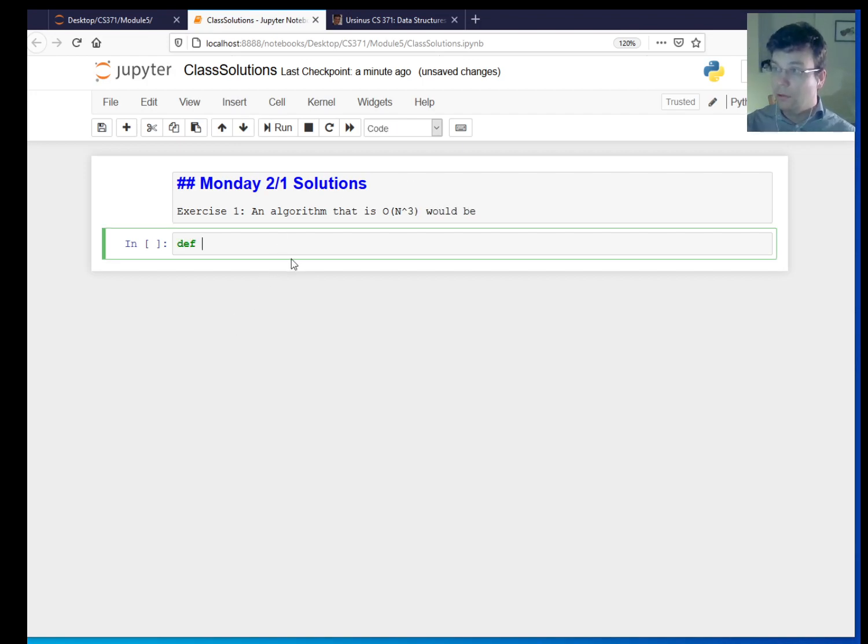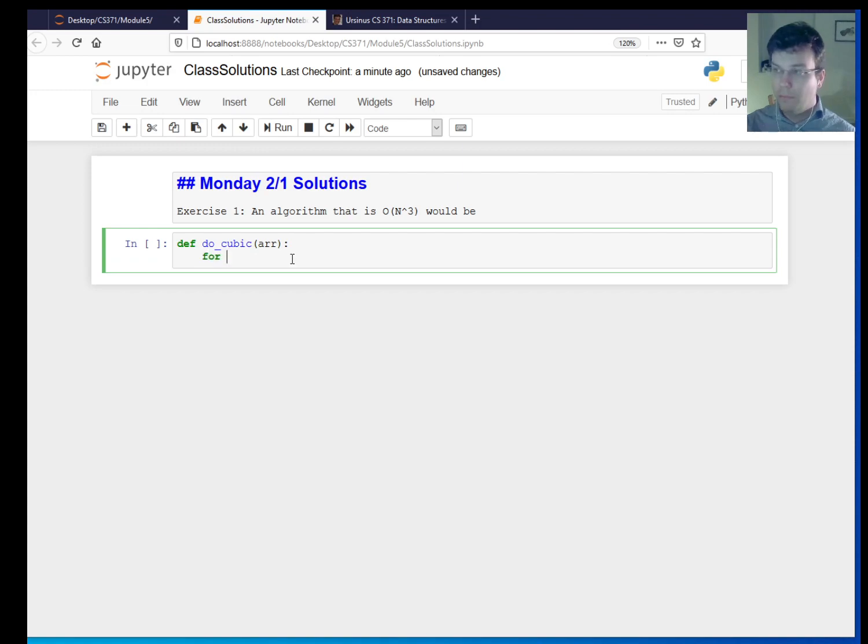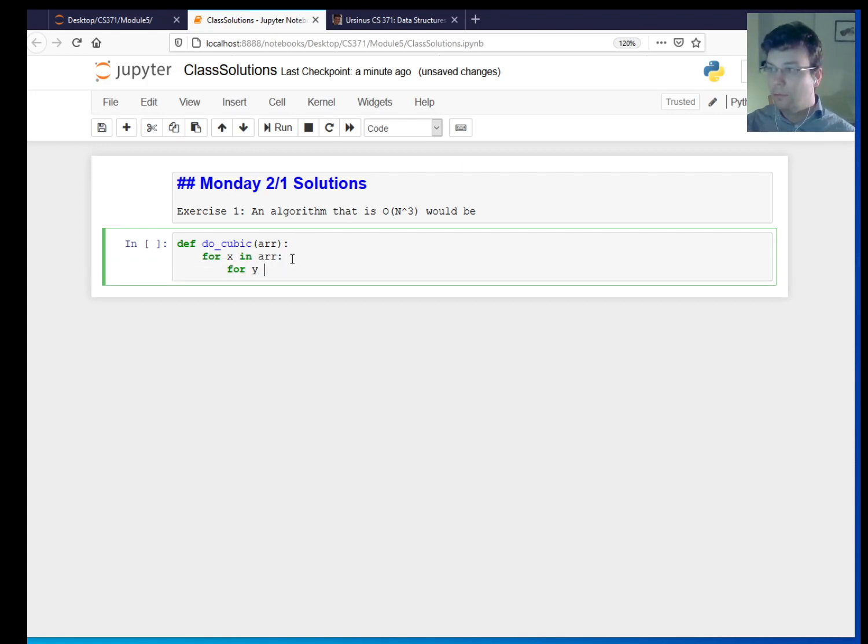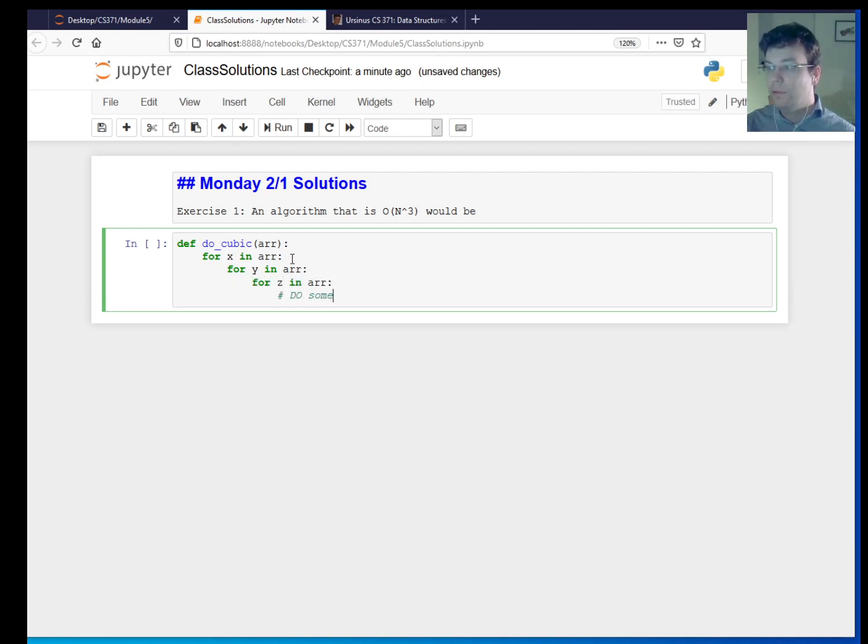So let's say I have a method, do cubic, I pass it in an array, something like for x in array, for y in array, for z in array, do something that costs at most a.